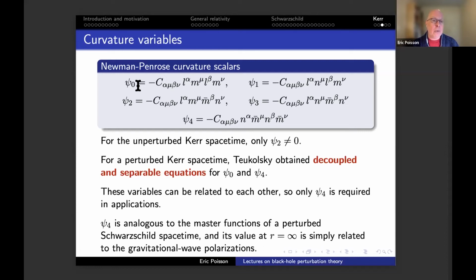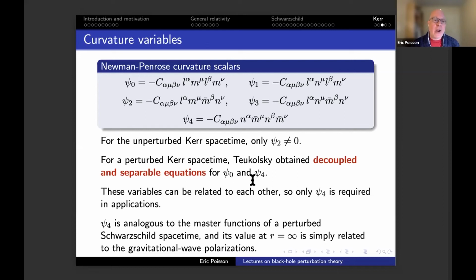So you decompose in a vector basis like this, the Riemann tensor into scalar components. And what Teukolsky worked out is that the perturbations that are described by either psi naught or psi 4, those particular components of the Weyl tensor, turn out to be described by equations that decouple from one another, and also equations for which you can apply separation of variables strategies to solve them.